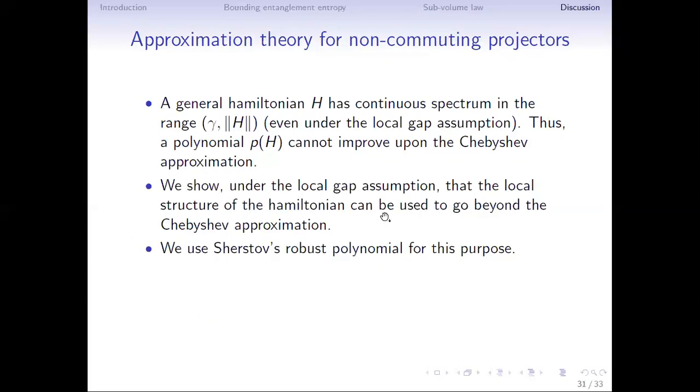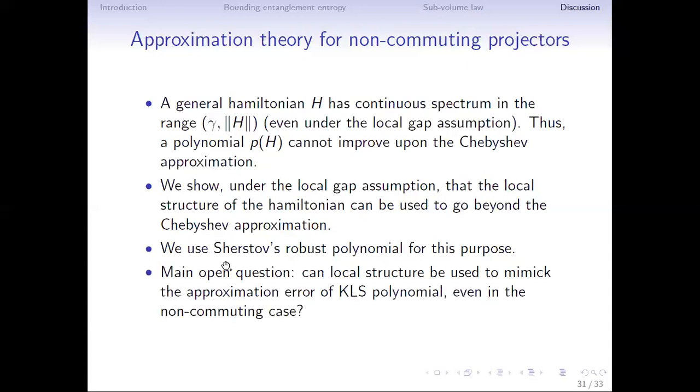But what we have shown is that under the local gap assumption, if we use the local structure of the Hamiltonian, then we can go beyond this Chebyshev approximation, and we use Shostov's robust polynomial for this purpose. The main open question that we leave unanswered is, can we use the local structure to completely mimic the approximation error of the KLS polynomial, even in the non-commuting case?